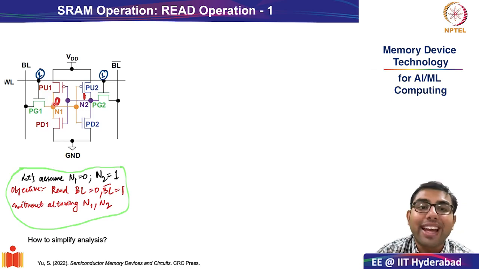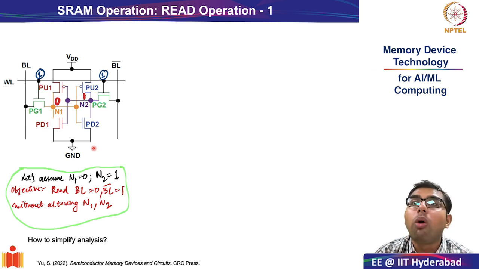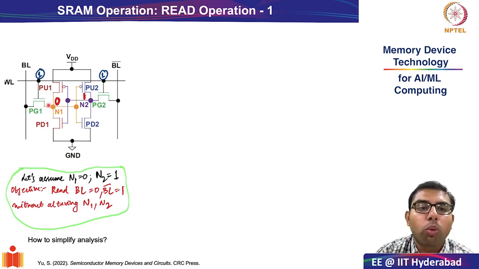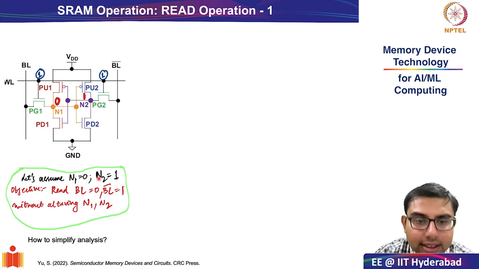There is no need to explain again that this SRAM cell, although a bit complicated, is storing only one bit of information, because storage node 1 will always be the complement of storage node 2. So in this case, storage node 1 has 0, and storage node 2 therefore has the value 1. So this is the setup.